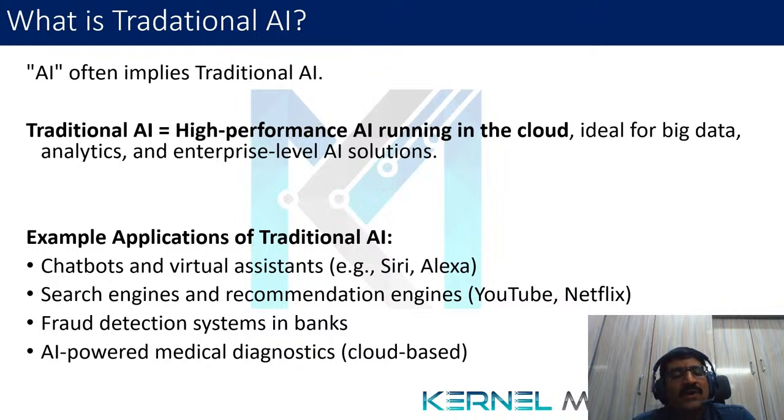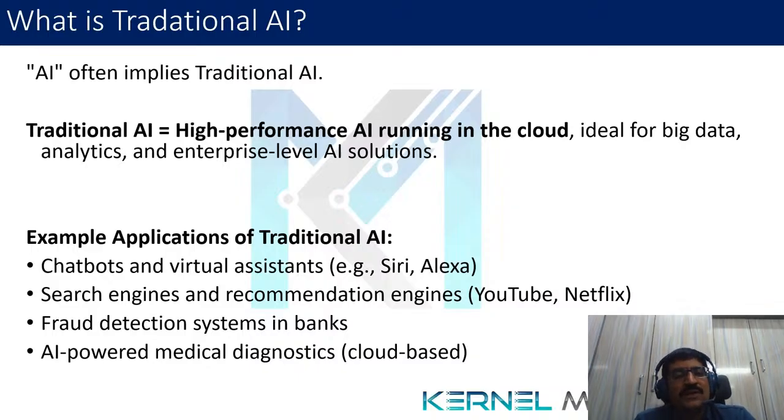This general AI, whatever we're discussing in the market, is general because the application works with the help of a cloud server and requires high performing GPU processors. This is the traditional game, with a lot of boom in the market, and everyone knows AI right now.